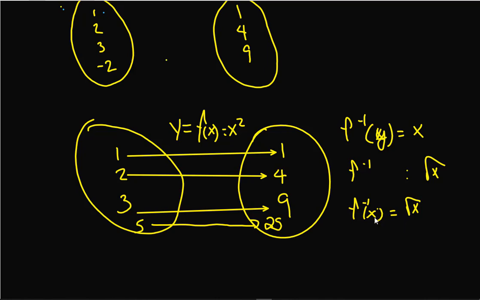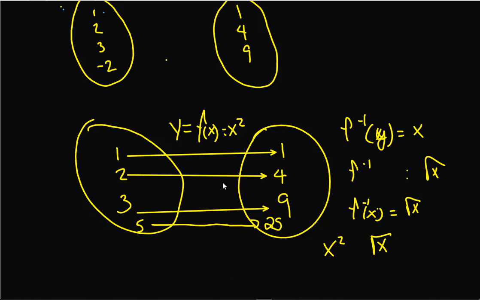So this function is the square root of x. In other words, if you have x squared, the inverse of it is the square root of x, if we limit the domain like this. If we have this, we can't talk about the inverse. But if we limit the domain only to positive numbers, we can talk about the inverse, and the inverse is the square root of x.